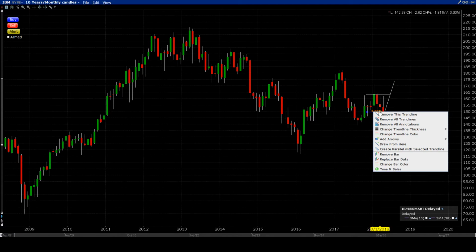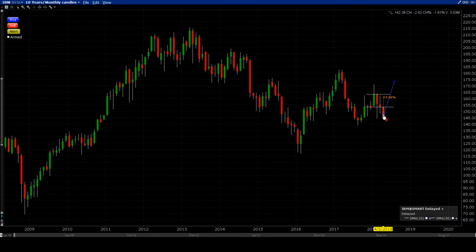So let's remove these lines right here. This is the candle on the weekly that broke down. And even on the monthly, I had this pattern here. 1, 2, 3, 4, 5 months. And then breakdown candle below it, reaching its target in that same month. So that's already confirmation of a breakdown at that level. But right now what's going to happen is going to hit that support.